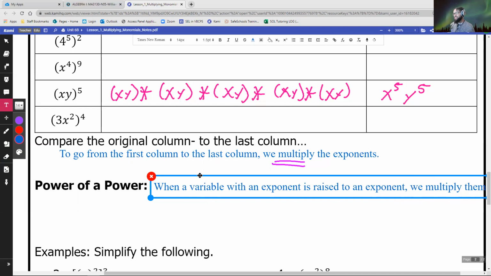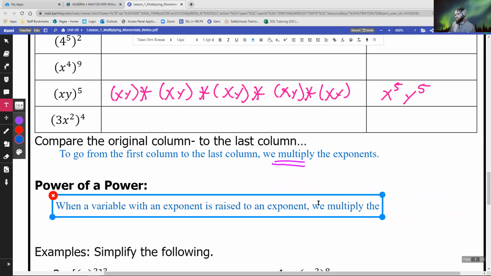We multiply the exponents. Let me put it in there like that. We multiply the exponents. Okay.